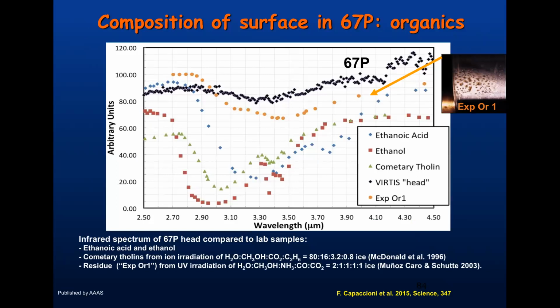Here is an example of spectroscopy applied to the detection of COMs. So the black dots are the data measured during the Rosetta mission on Comet 67P, and it was fitted with different chemicals. Among them, the one you see in orange was one of our residues. You can say that there is some similarity, but the spectrum of the comet was rather shallow, so I would leave it a little like a doubt.